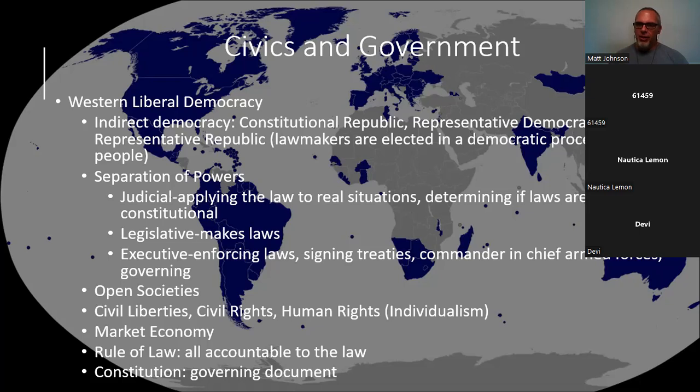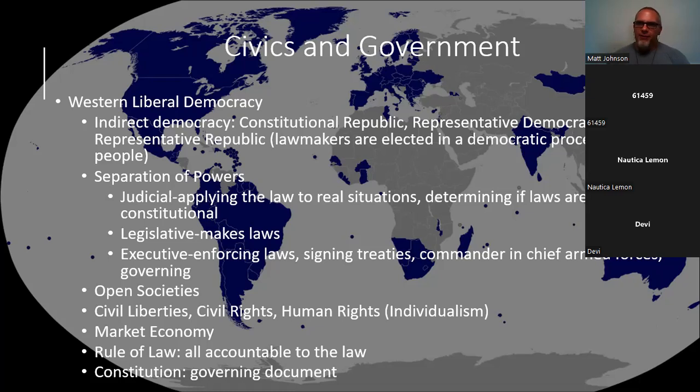And we talked about some of these other societies, we spend a lot of time talking about, say, the Soviet Union or fascism, for example, where it was really the state over the people. So there is one comparison or contrast you can see between what's considered a Western liberal democracy and some of the other types of government around the world, where individualism and the support of civil rights, civil liberties is less important than sort of the overall good of the state.